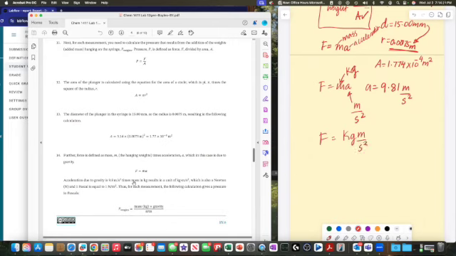In the world of physics, and in chemistry too, when you're dealing with this equation here, this is equal to newtons. Okay, so 1 kilogram meter per second squared is the same thing as 1 newton. And if you've had physics, you've seen this equality.